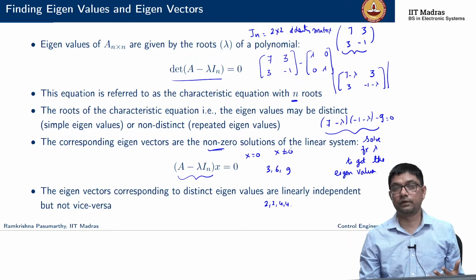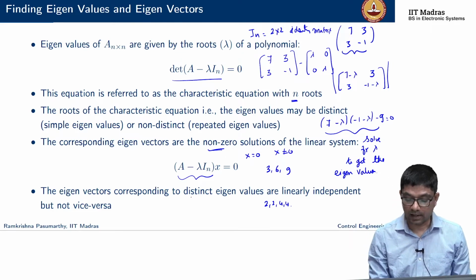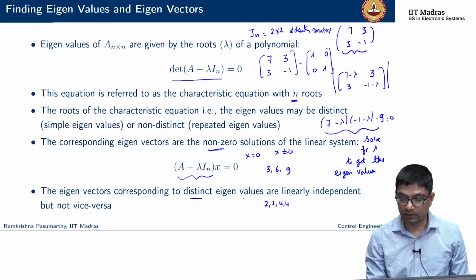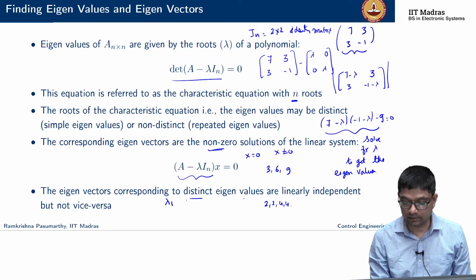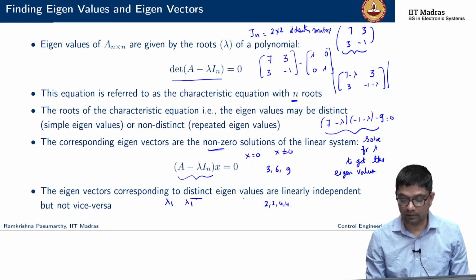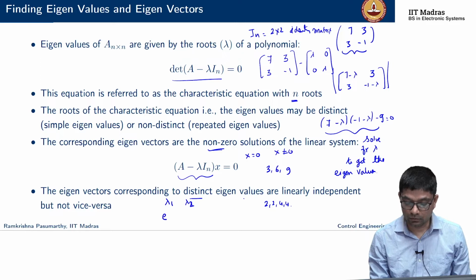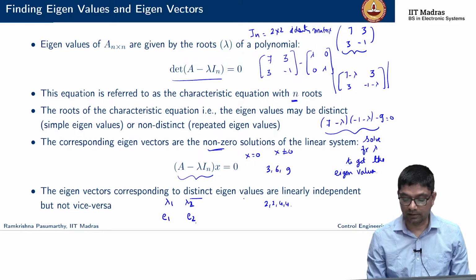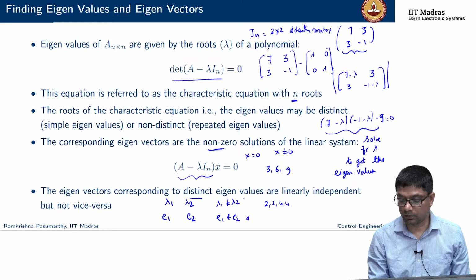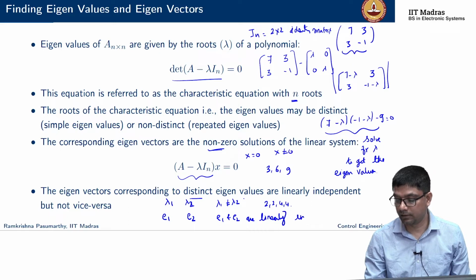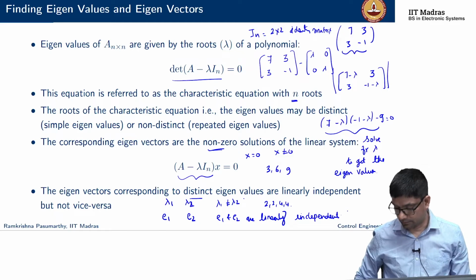What is important, of course, we will not do the details of all of this, is that eigenvectors corresponding to distinct eigenvalues are linearly independent. Suppose I have eigenvalues lambda 1 and lambda 2, and the corresponding eigenvectors are E1 and E2. If they are distinct, then E1 and E2 are linearly independent.